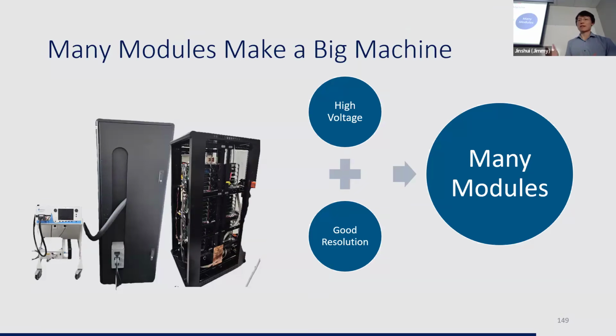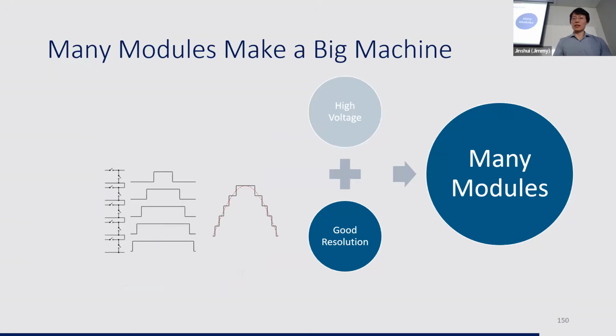First of all, TMS has a very high voltage, several kilohertz, but that's not the real bottleneck, as we have more high voltage transistors thanks to wide bandgap materials such as silicon carbide. The real bottleneck is the output resolution.